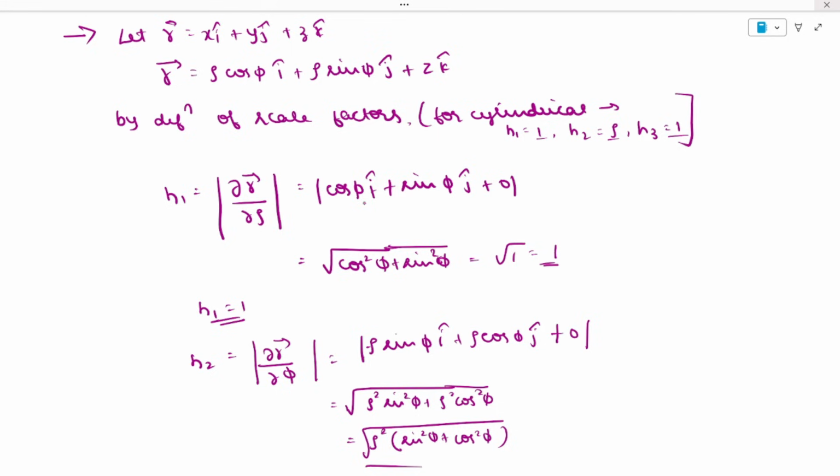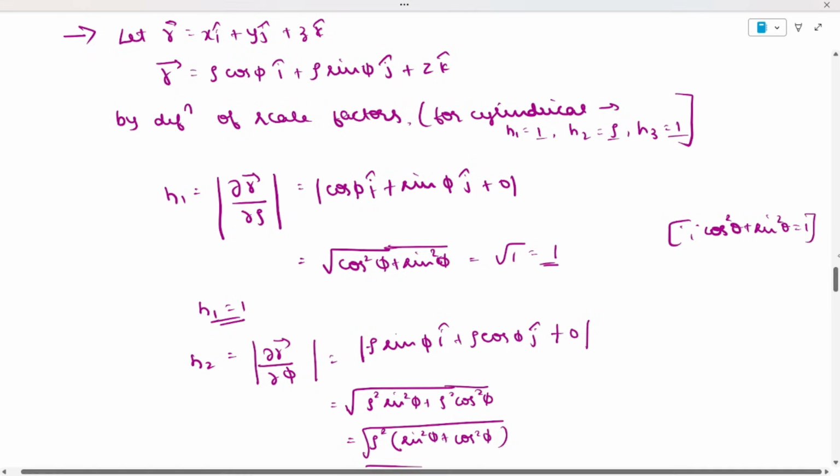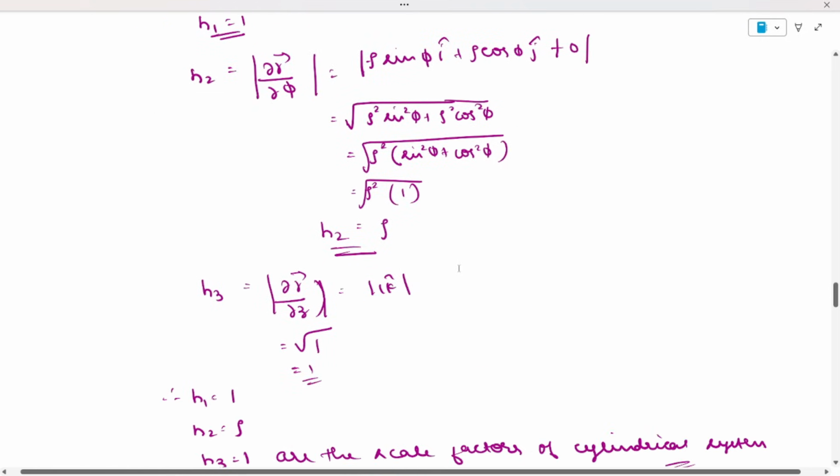Cos φ you will keep as it is for i cap, ρ becomes 1, sin φ you will keep as it is, and z is constant, so it will be 0. Now take the magnitude of this: cos²φ plus sin²φ is equal to 1, because cos²θ plus sin²θ is equal to 1. This is the basic trigonometric formula that we know, so root 1 is equal to 1. Now we have proved that h1 is equal to 1.